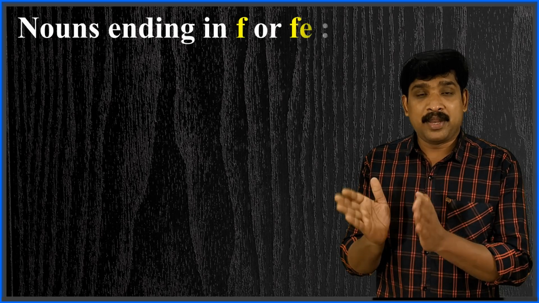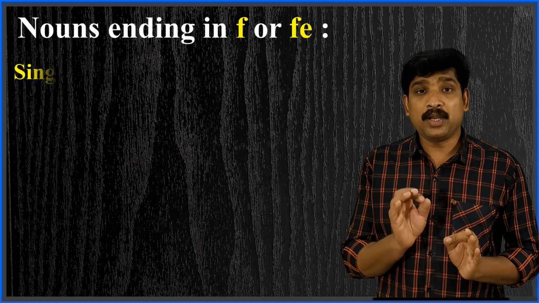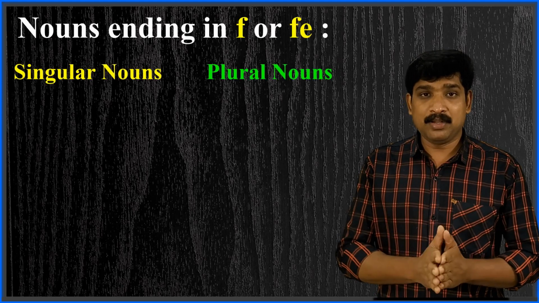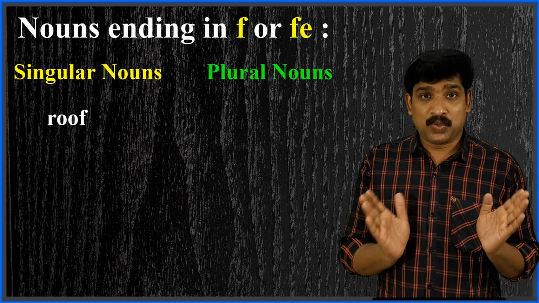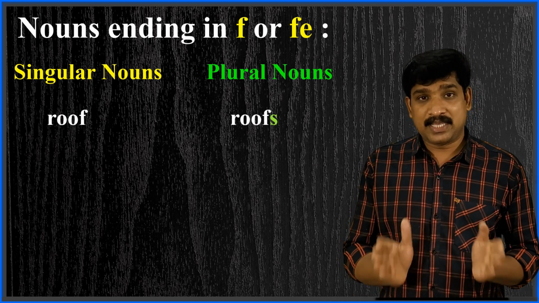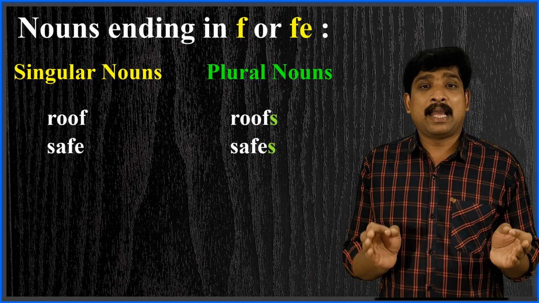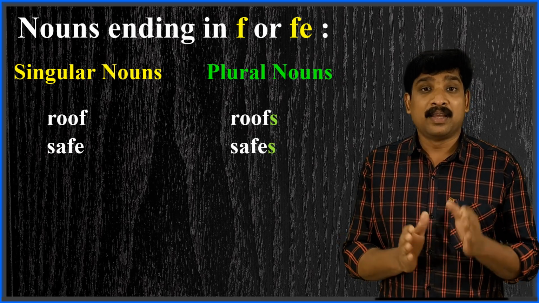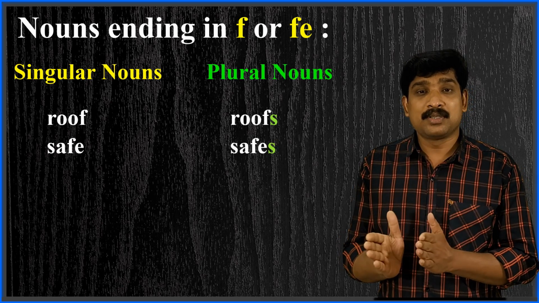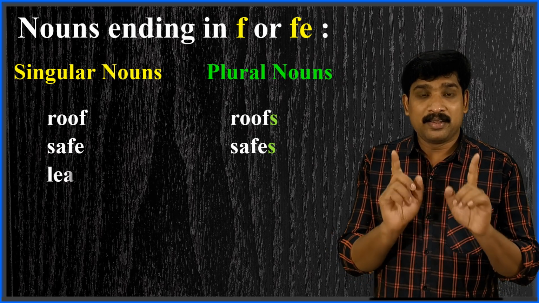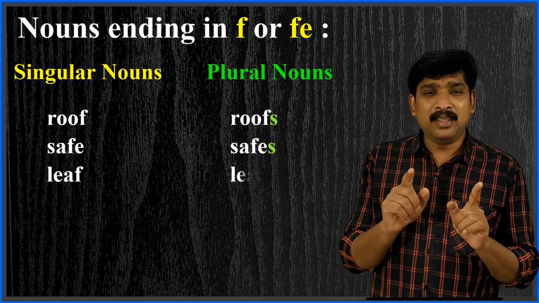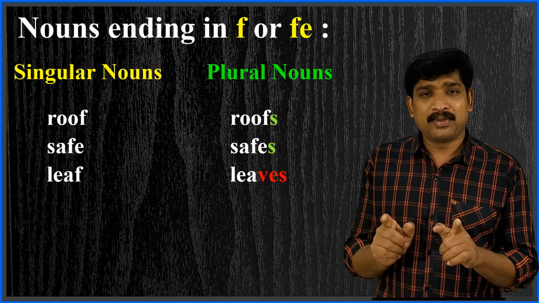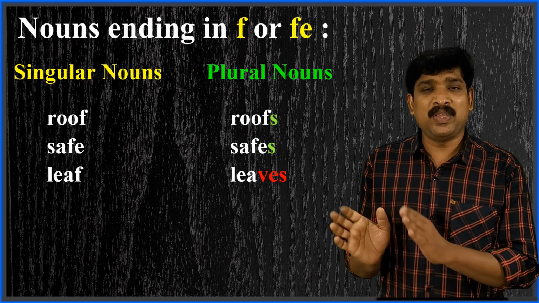Moving on to the nouns ending in F or FE. For example, roof becomes roofs. Safe becomes safes. So you simply add an S. Then we have leaf. That becomes leaves. Wait a minute. What happened? Leaf, LEAF, and it becomes LEAVES.